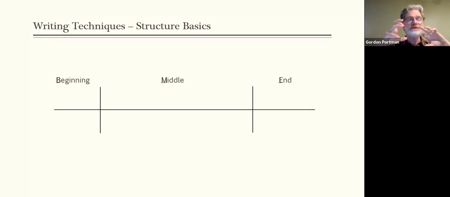We need to accomplish certain things in a beginning, certain things in a middle, and certain things in an end. What I'm going to talk about first is the kind of things that need to be accomplished in the beginning, and in the middle.